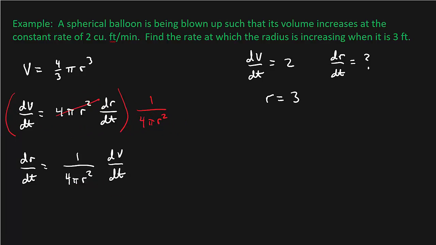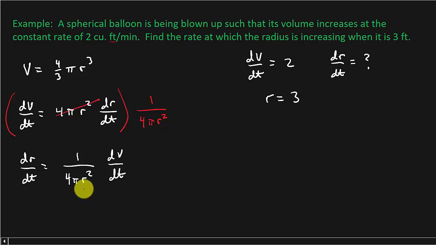Now, do we know what r is? Yeah. Do we know what dV/dt is? Yeah, it's 2. And then that'll give us dr/dt, what we're looking for. So dr/dt is equal to 1 over 4 pi times 3 squared times 2.